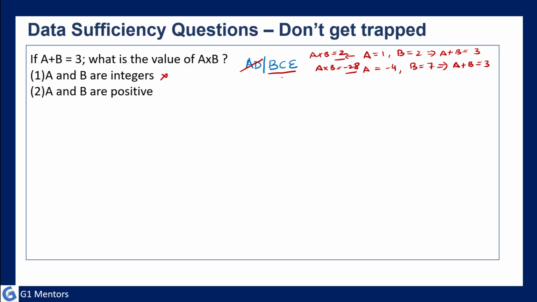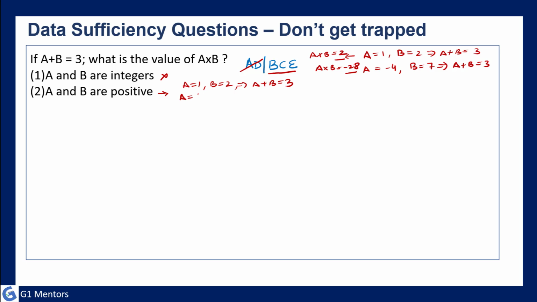Now we go to statement 2 alone. a and b are positive. If a and b are positive, let's say a is equal to 1 and b is equal to 2, so we get a plus b equal to 3. But this statement alone does not say that a and b are integers.